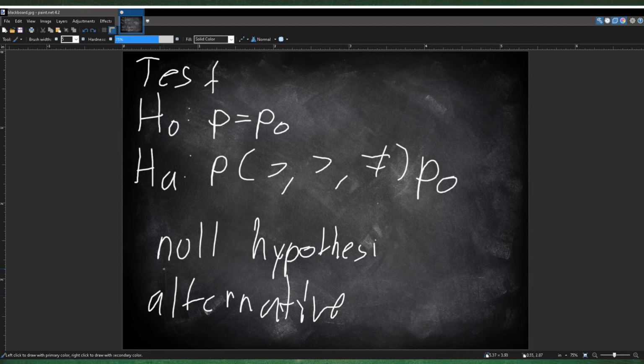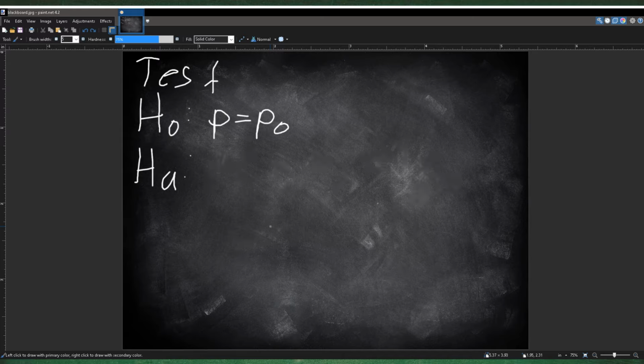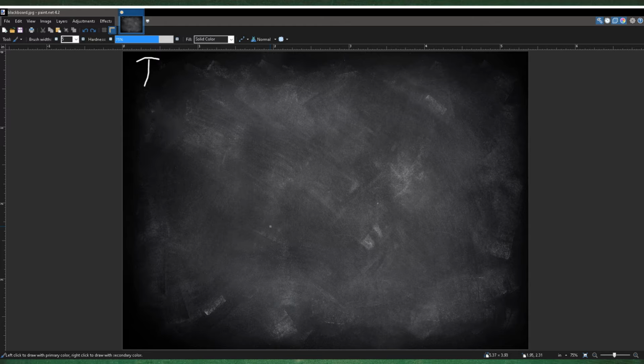I'm not going to write it again, but that's what you always write for the hypotheses. The null is p equals the p0 that you claim is true. Then you write the alternative, what you think it might be, or what the question claims to be right. So that's the third thing you have to do: conditions, transition statement, then write your hypotheses.